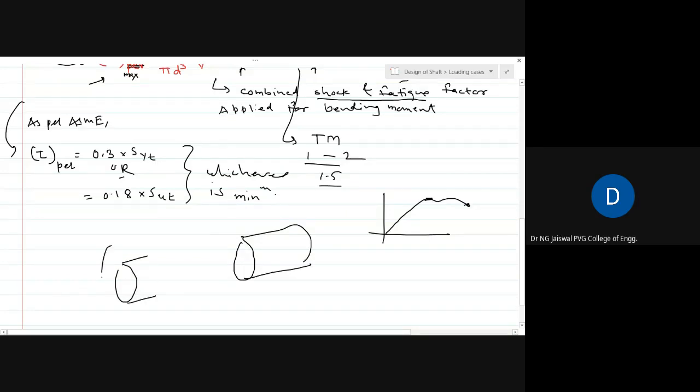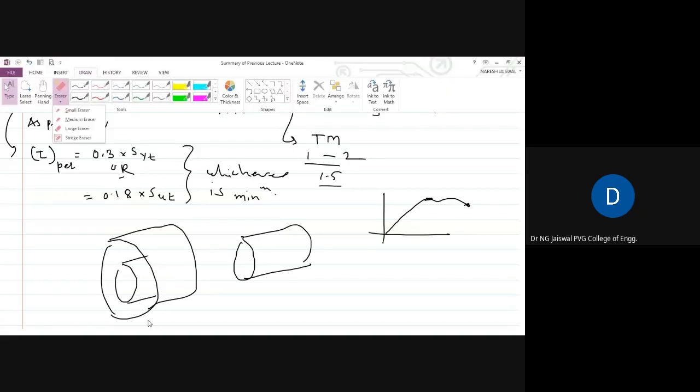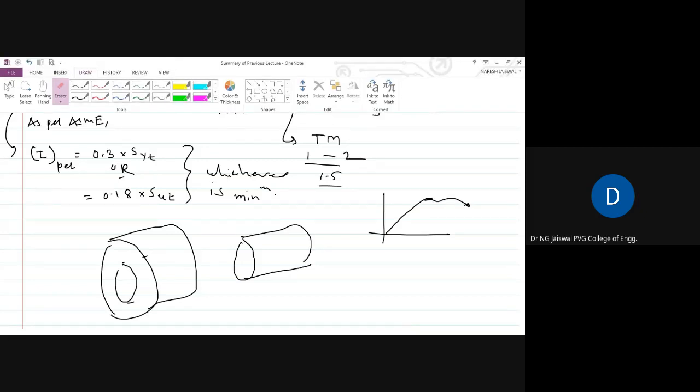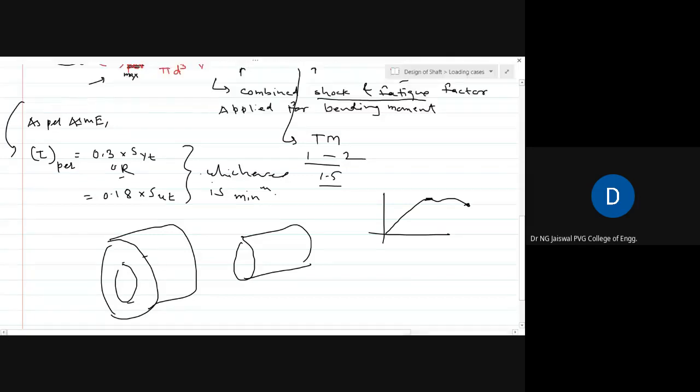This is a hollow shaft. This way, right? And you want to introduce this solid shaft into this hollow shaft. Okay, and you want a tight fitting. Tight fitting in the sense that if this rotates, this also should rotate. This is your requirement.